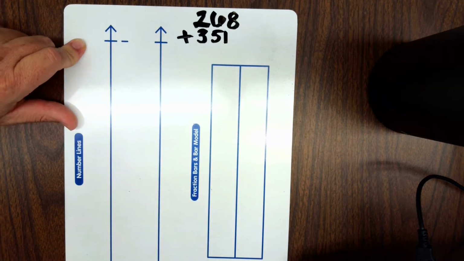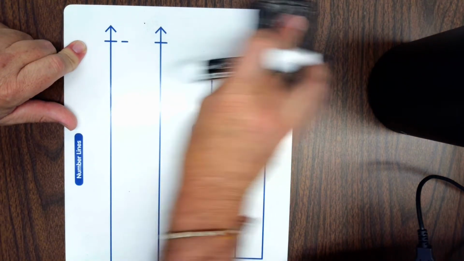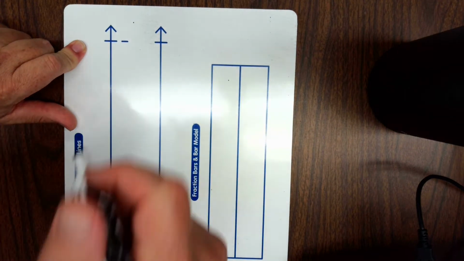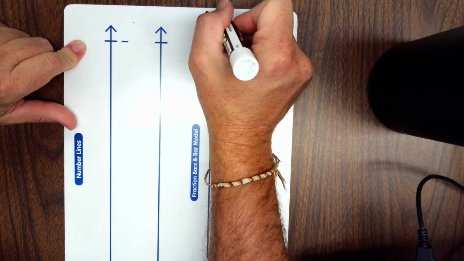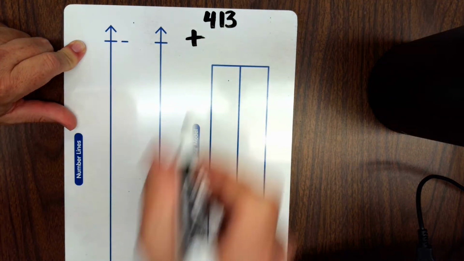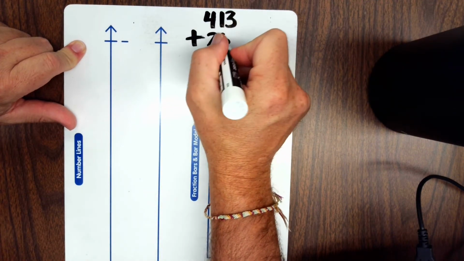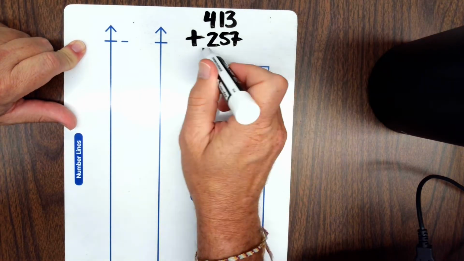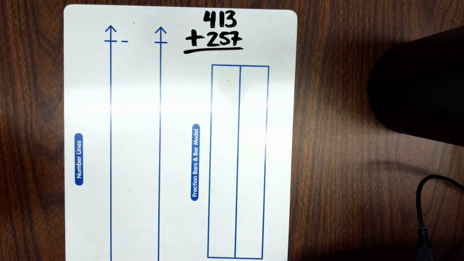Actually, that's the wrong problem I just copied down from the book. I want to do 413 plus 257. So we're going to round and then estimate the sum of these numbers.